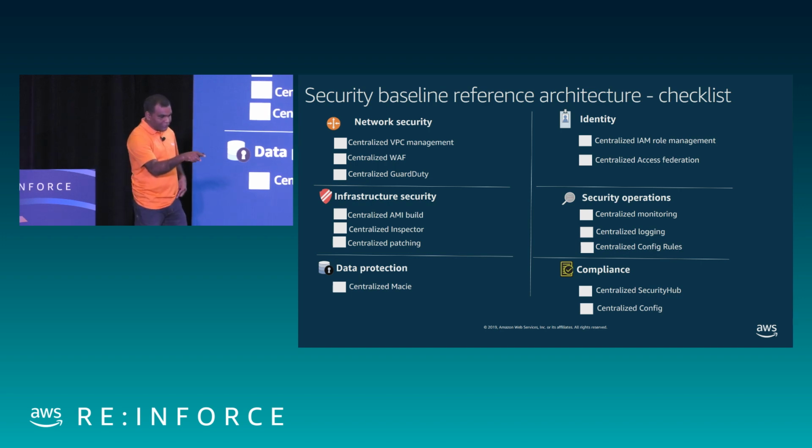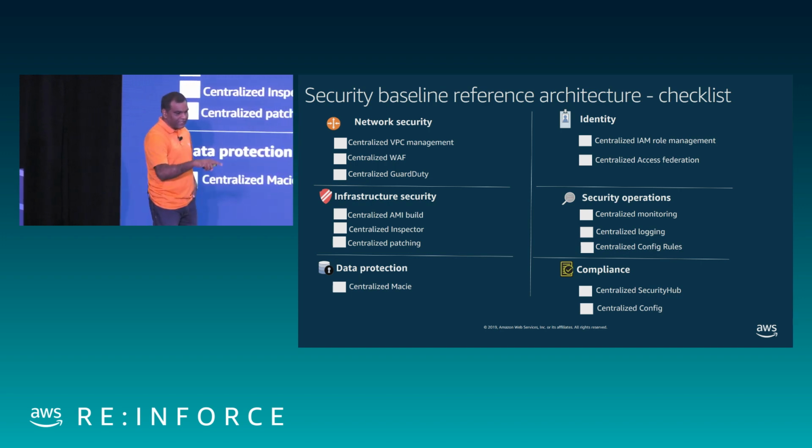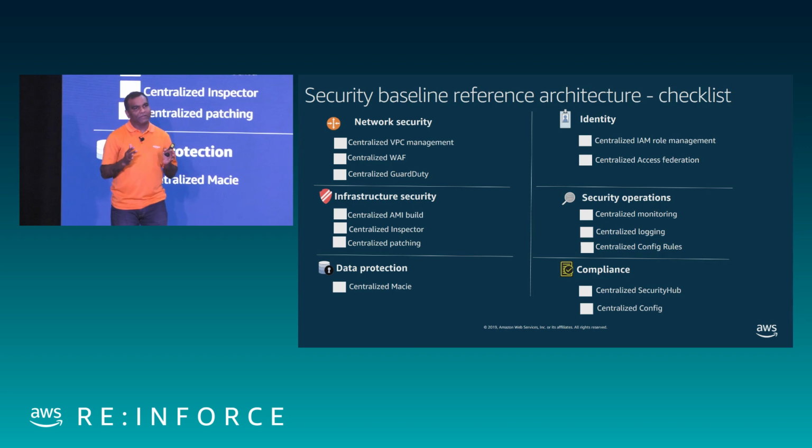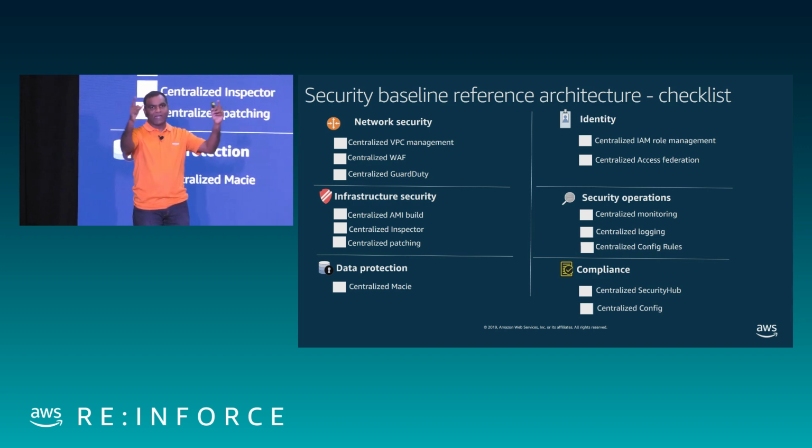The reason I'm showing you this is that when it comes to network security, we want one centralized VPC management, because the VPC is your network boundary within AWS where you will be deploying your workloads, right? You have to have one central team doing the central VPC management. And once you have a VPC, you want edge security. That's where the WAF, the web application firewall, comes in, the centralized WAF.